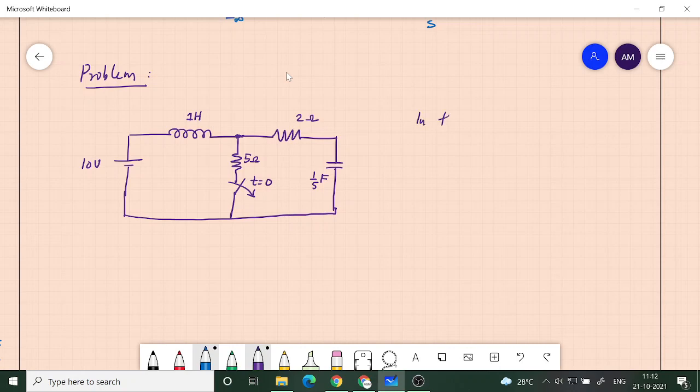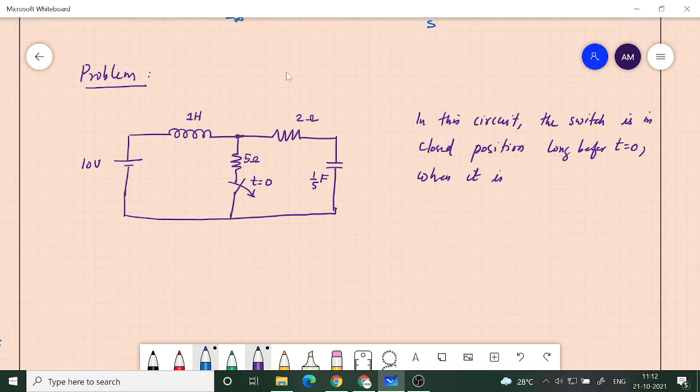Now what is the question? In this circuit the switch is in closed position for a long time before t equal to 0, and at t equals 0 it is opened instantaneously.